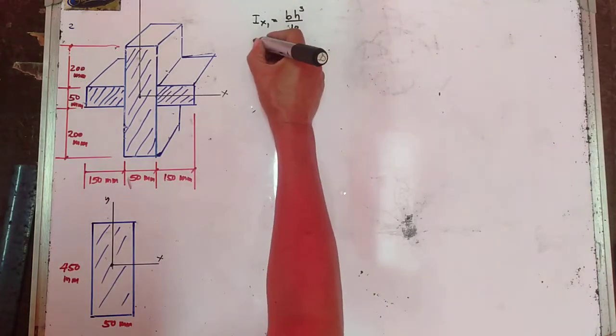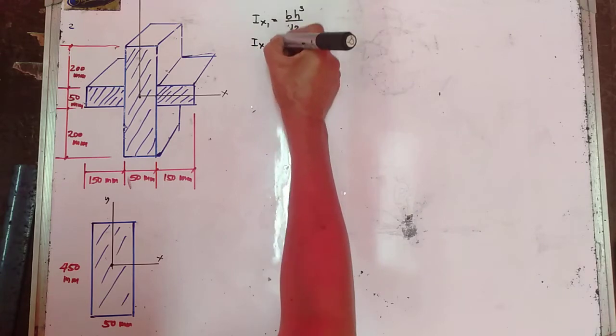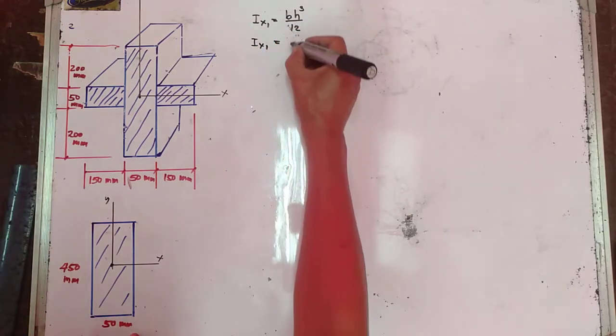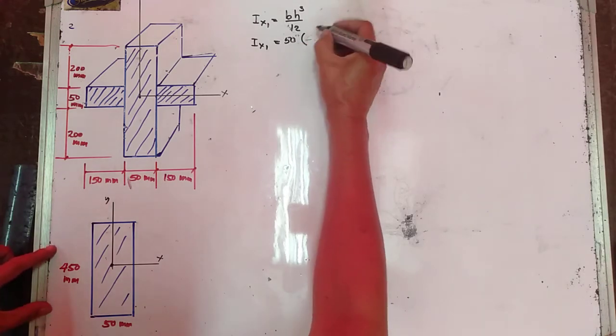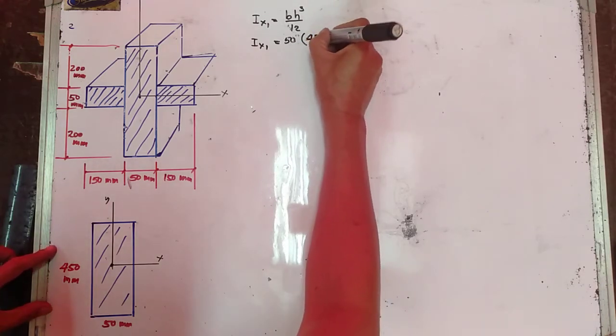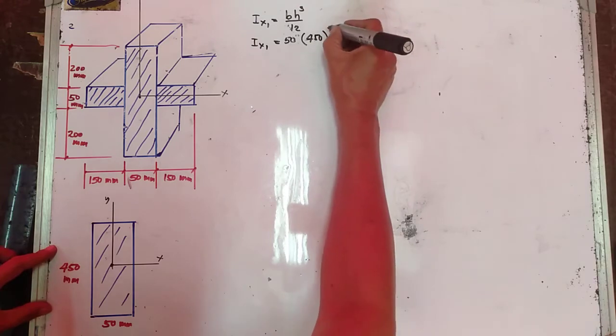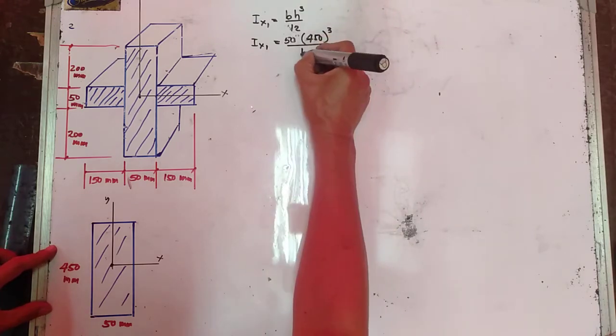So your b is 50 and your h is 450, cubed, all over 12.